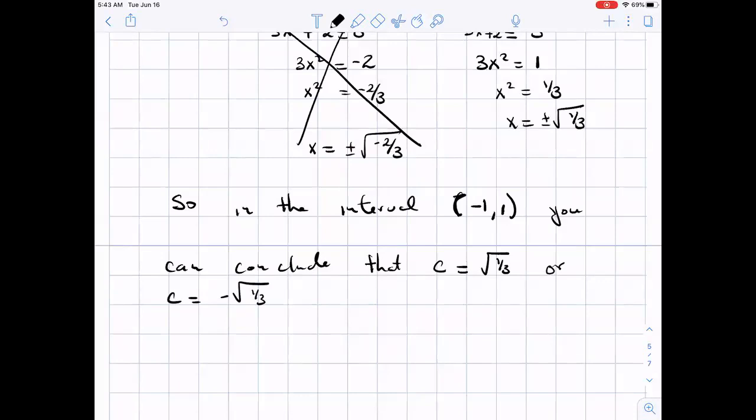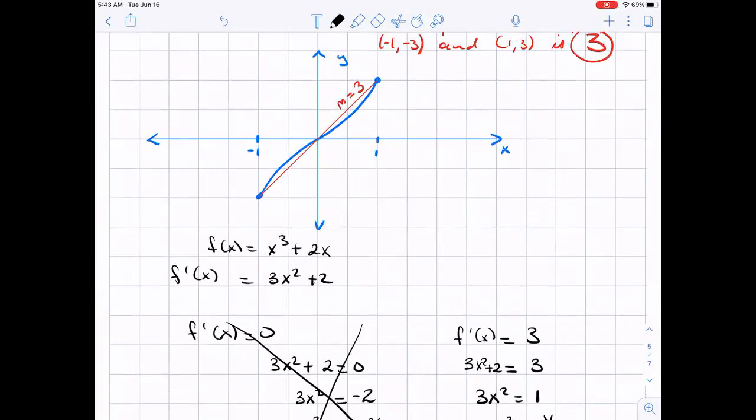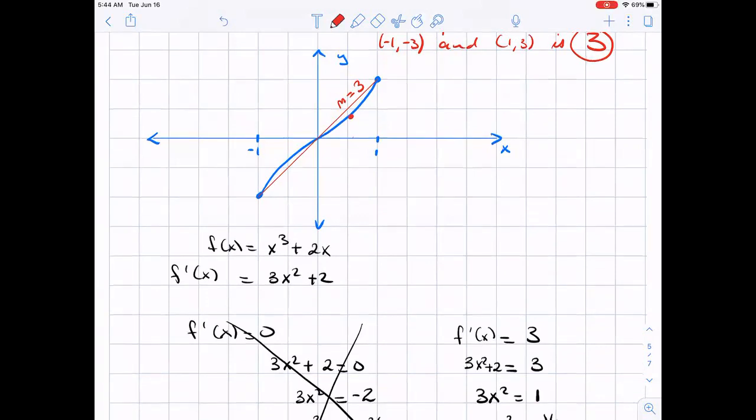Now, what does that tell us? Well, just to give you an example of the decimal, the square root of 1/3 is approximately 0.577. So that brings me to 0.577, somewhere here and somewhere here.